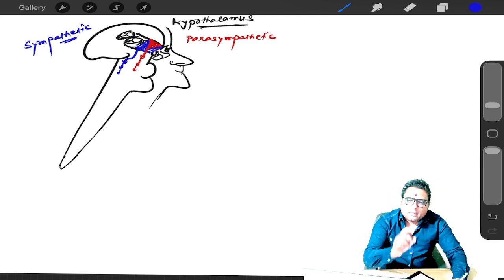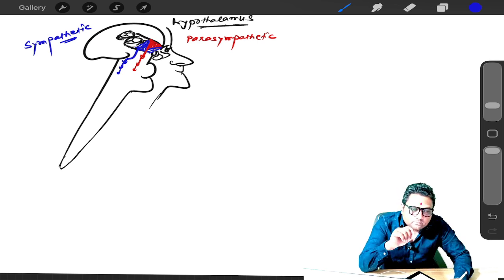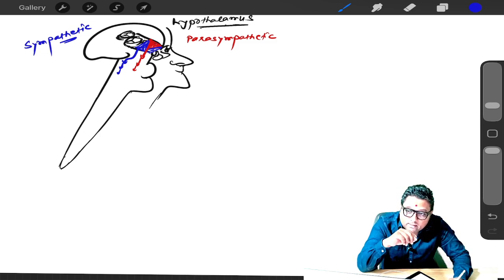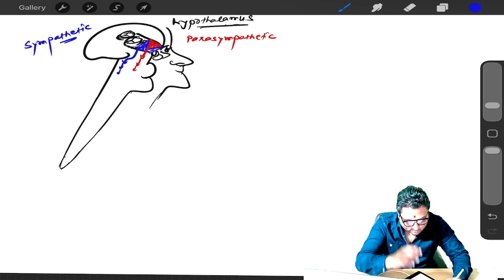So the sympathetic system originates from the dorsolateral aspect of hypothalamus, whereas the parasympathetic system originates from the ventromedial aspect of hypothalamus.